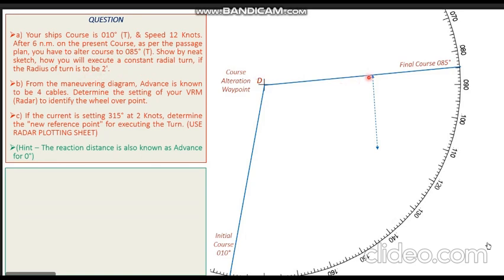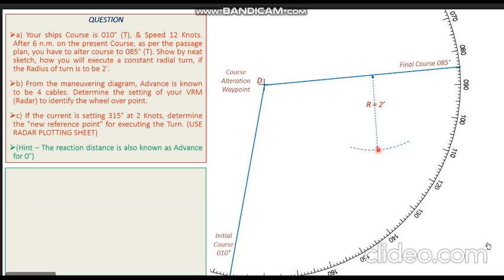You can follow the laser pointer on the screen and open our compass up to the radius, which is 2 nautical miles, and draw a small arc. You can see this arc coming up on the screen. This arc has a radius of 2 nautical miles.